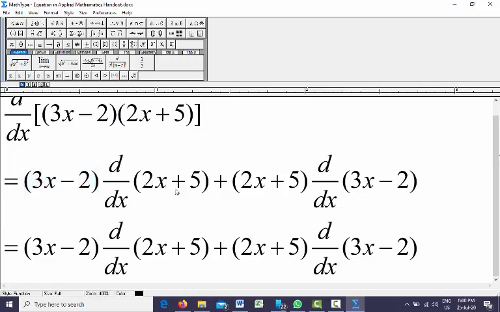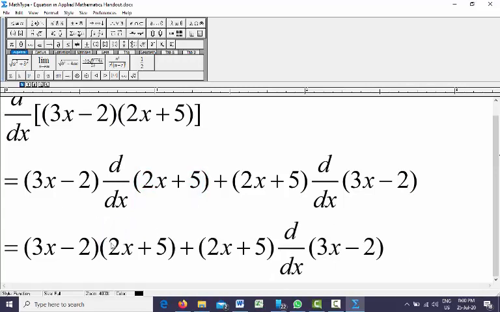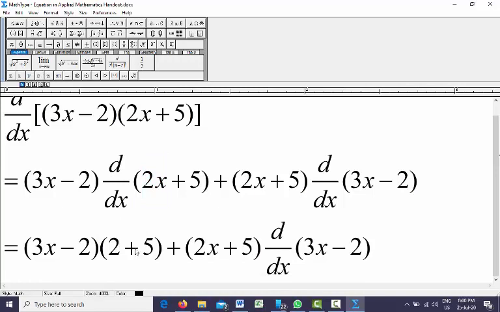We have this one in front, so we will do differentiation of this one. Now we want to do differentiation of 2x. If you do differentiation of 2x, you will get only 2. And if you do differentiation of this one, you will get only 0.